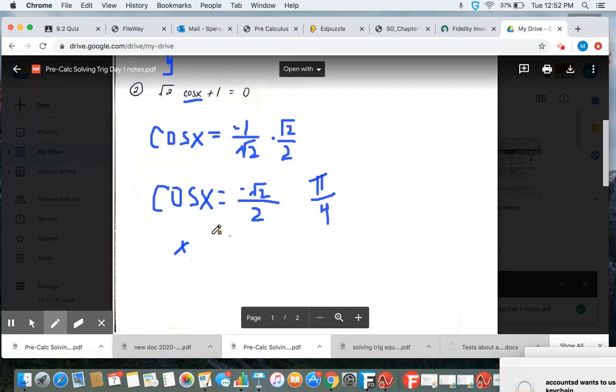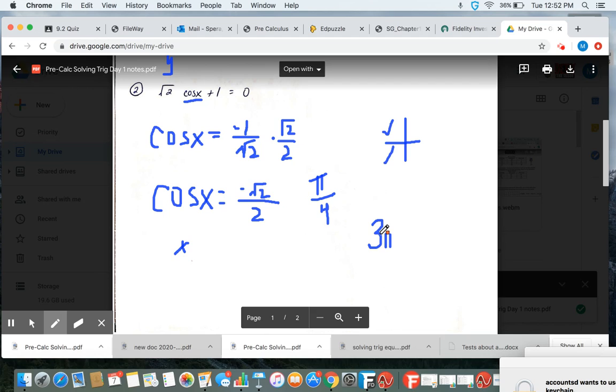All right, now our answer here, cosine x is negative, right? So which two quadrants would have a negative x value? And that would be quadrant 2 and quadrant 3. Okay, so our answer isn't pi over 4. That's our reference angle. The two answers are going to be the angle that's in quadrant 2 and the angle that's in quadrant 3. So just think one more than or one less than.